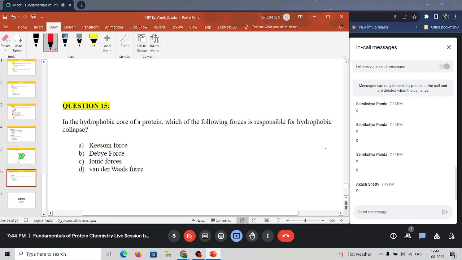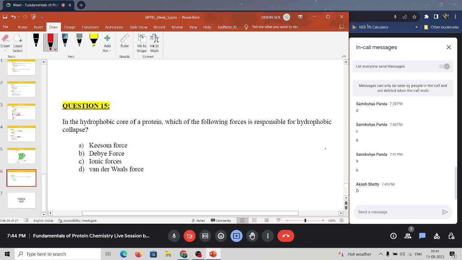Yes, so the non-polar surfaces of the amino acids help in the building of the hydrophobic core. Due to the van der Waals interaction, these hydrophobic residues can be involved in forming the core of the protein and increasing its stability.